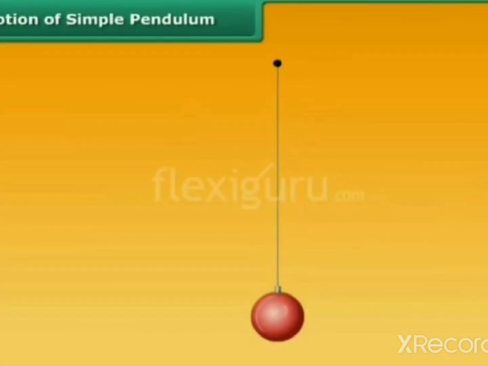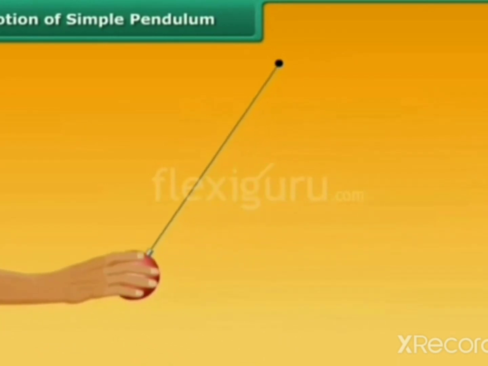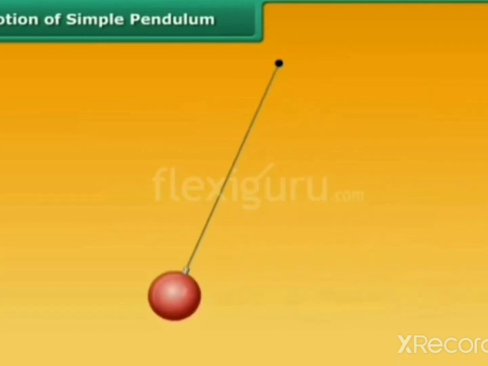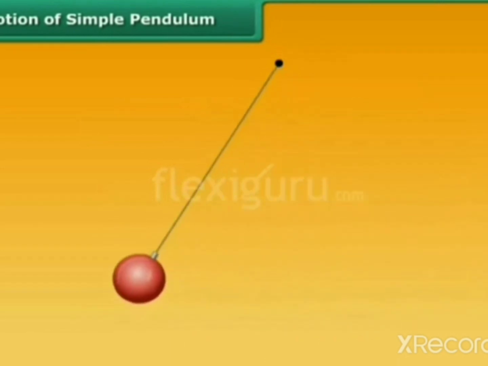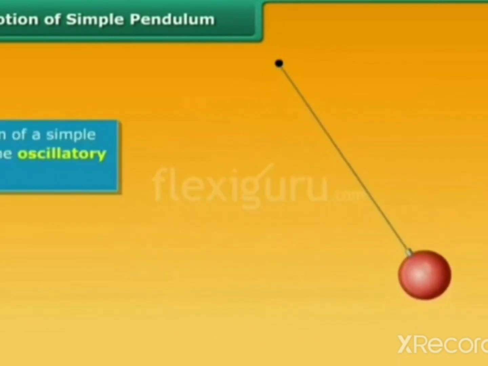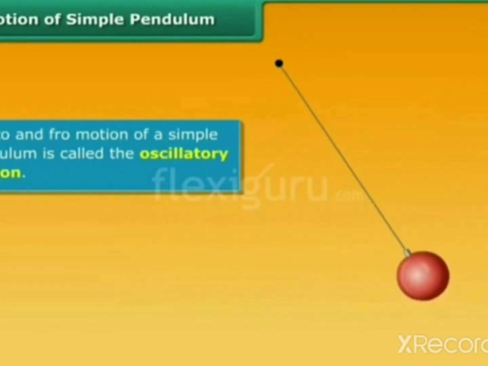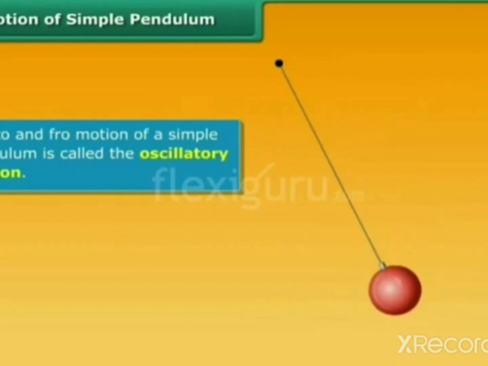When the bob is pulled from its mean position O to one side and then released, the pendulum is set in motion and the bob moves alternately on either side of its mean position. One complete to and fro motion of the bob of the pendulum is called one oscillation.